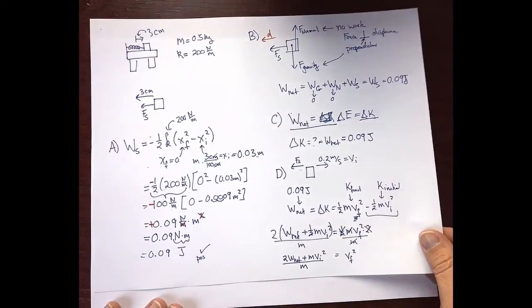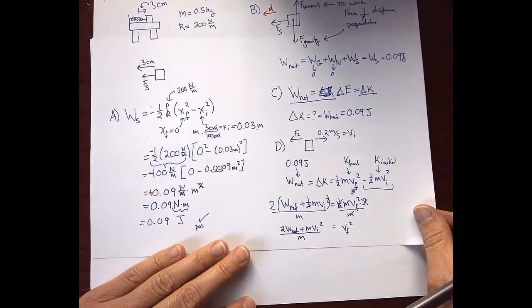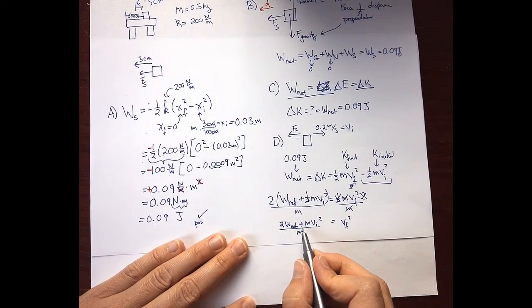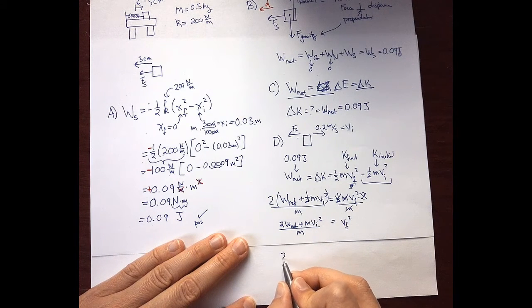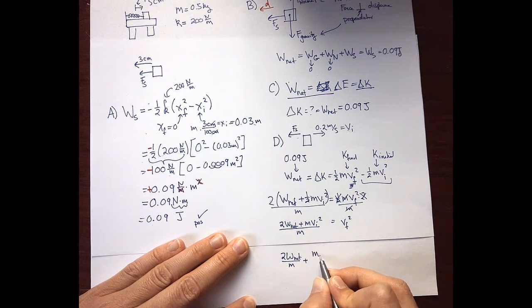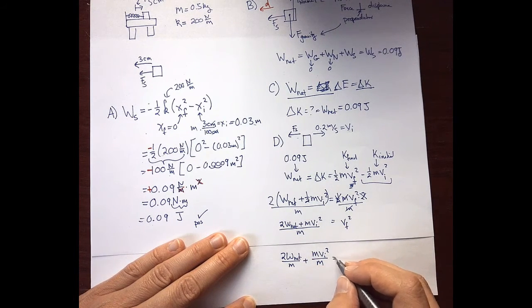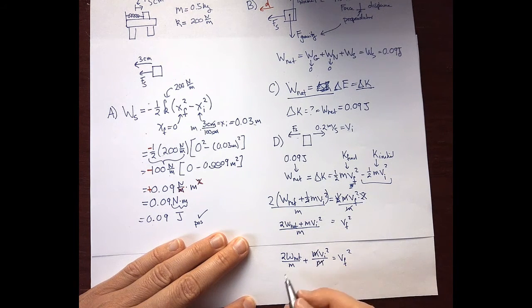So then now we could split this fraction up. 2 times the net work divided by the mass plus the mass times the initial velocity squared over the mass. So just split up the fraction into 2 separate fractions. That's equal to the final velocity squared. And this mass cancels, but that mass doesn't because there's no mass here.